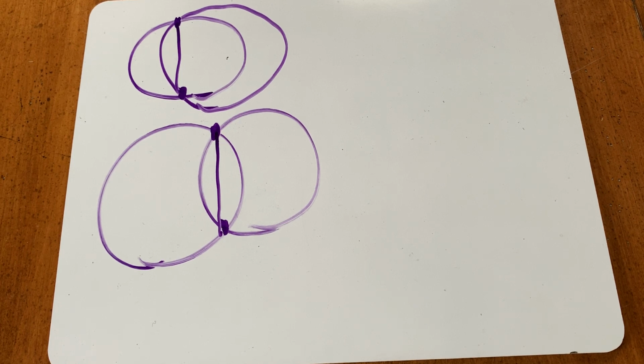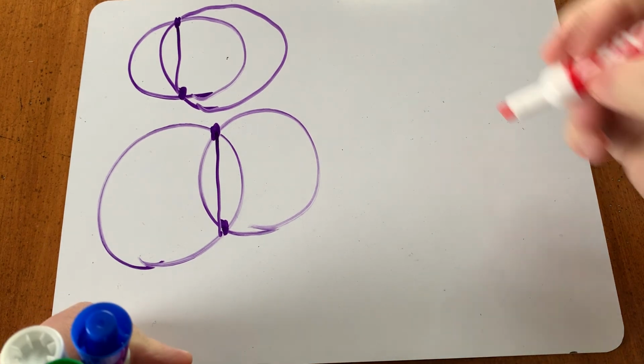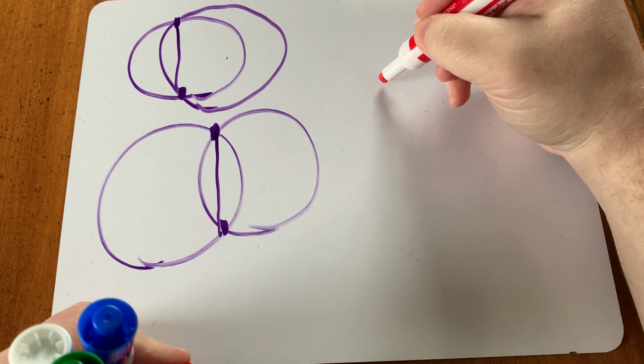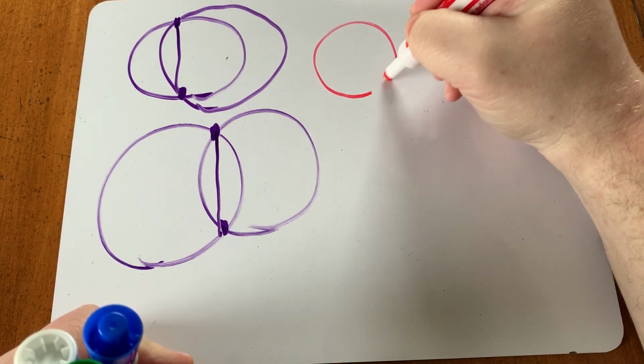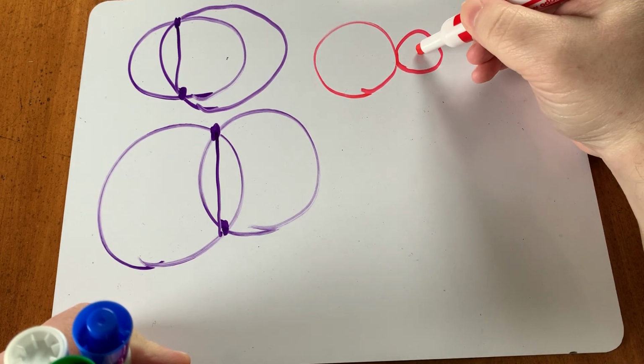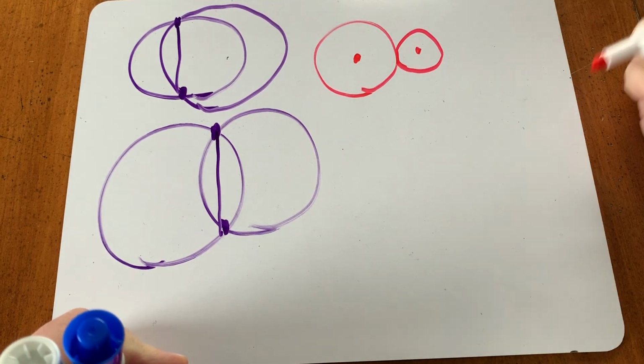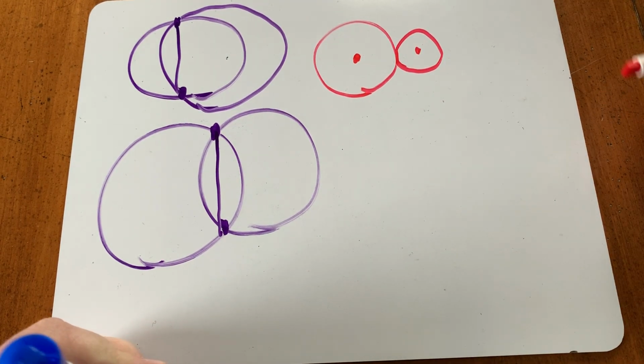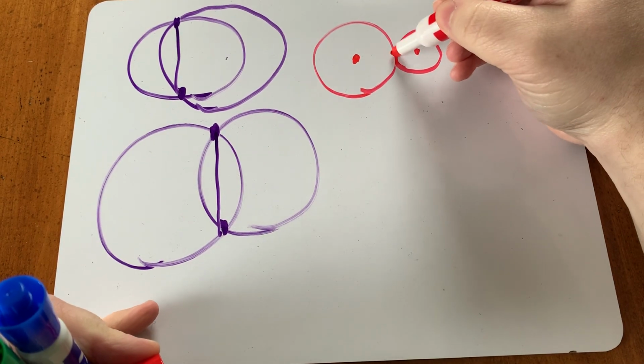Another way they can intersect is instead of 2 points, they could have one point of intersection. So if they have one point of intersection, they could just be like crazy eyes here. All right? So they have one point of intersection right there.